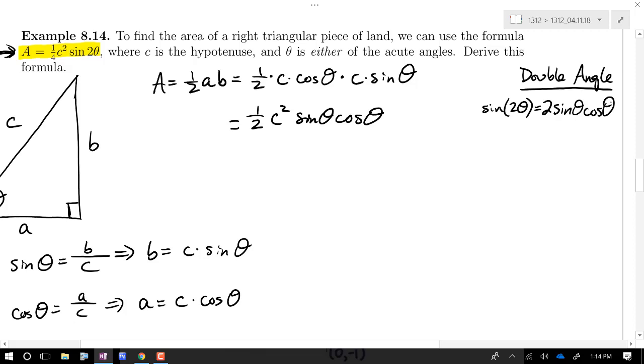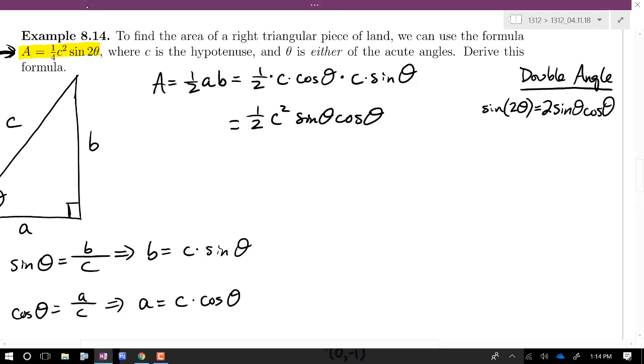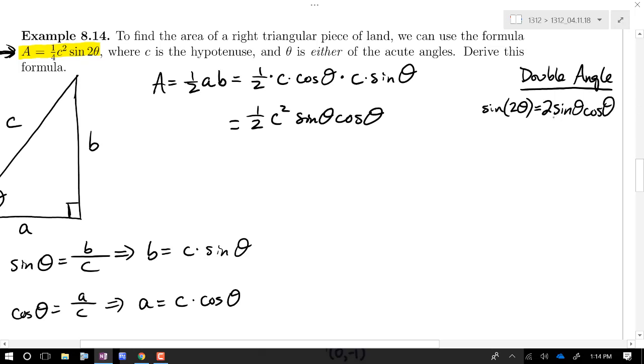Now, the part that we have in the expression is just the sine theta cosine theta. So in using the identity, we could divide both sides by 2, and we'll find that 1/2 sine 2 theta is equal to sine theta cosine theta. And we can plug that in here.